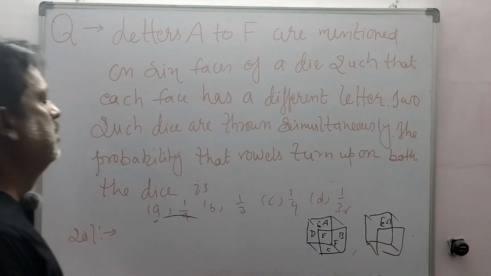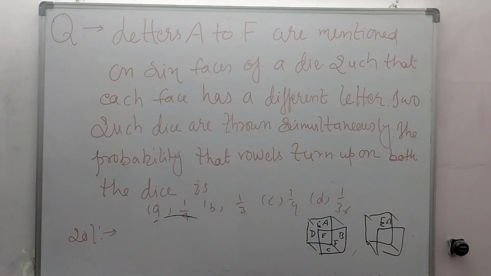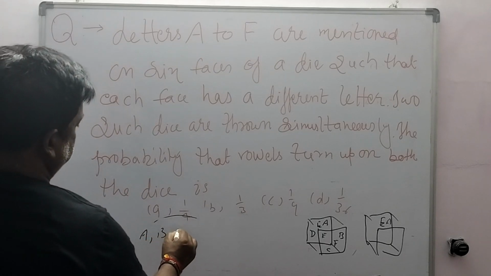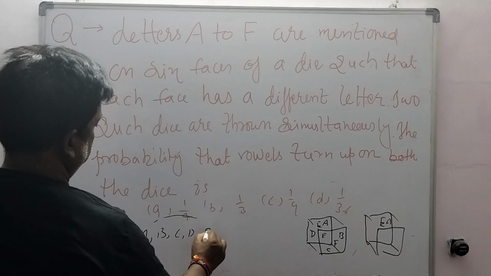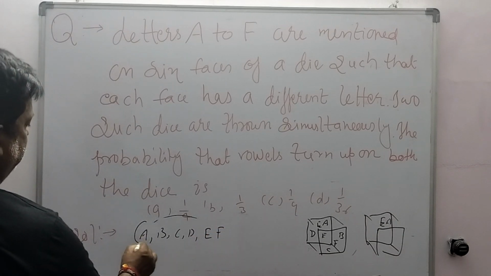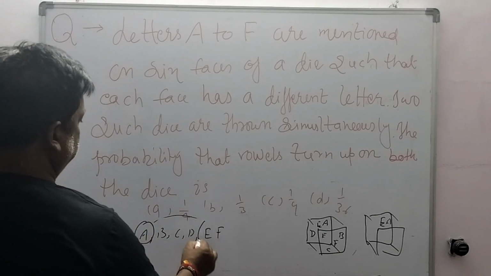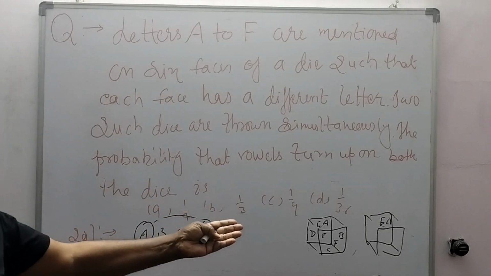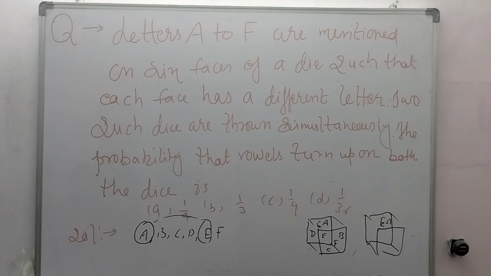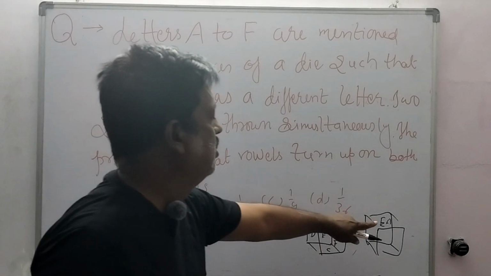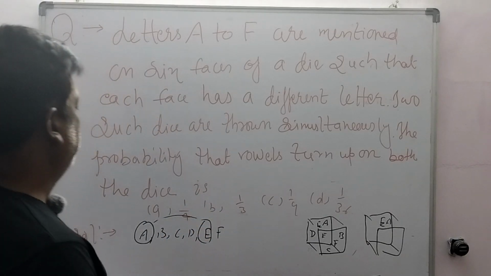Among A to F, only A and E are vowels. Then only E or A appears on both the dice. What is the probability that E and A letters appear on both the faces?